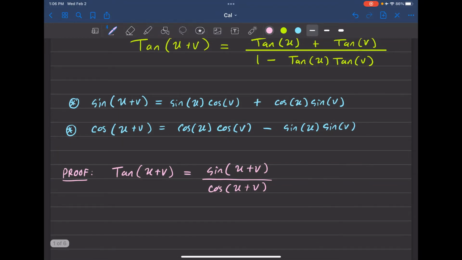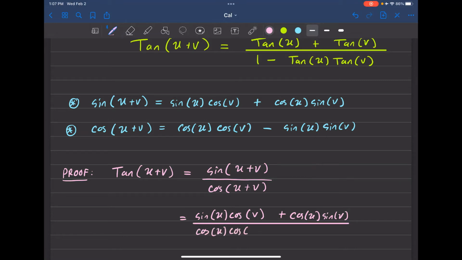Sine of u plus v is replaced with sine u cosine v plus cosine u sine v, divided by, replacing cosine of u plus v with this formula, cosine u cosine v minus sine u sine v.